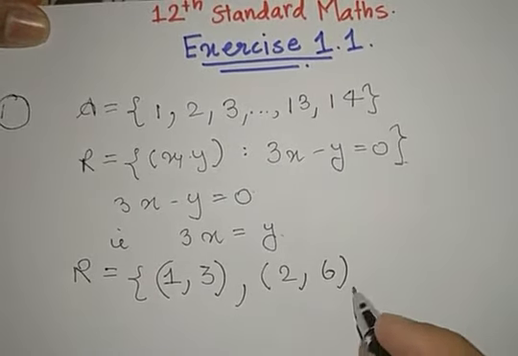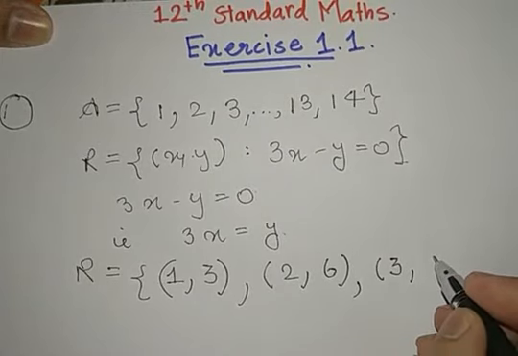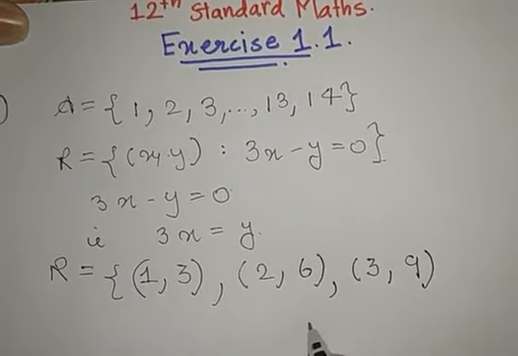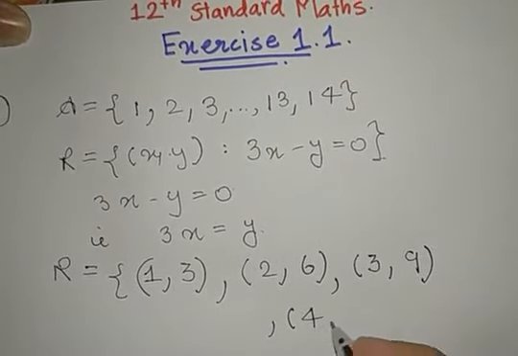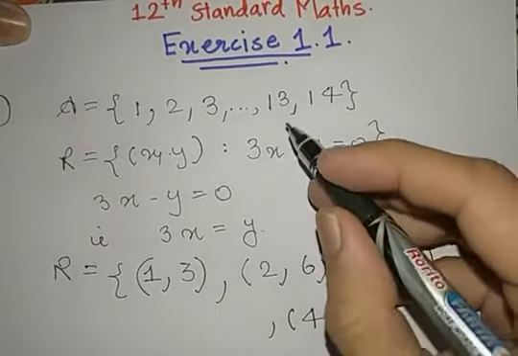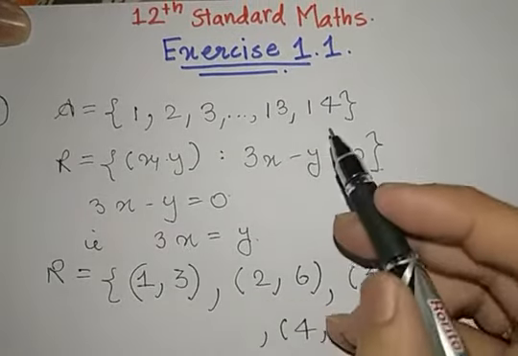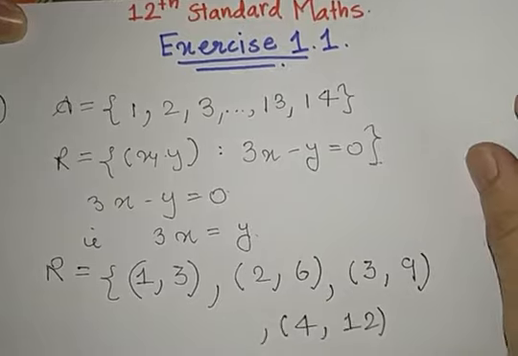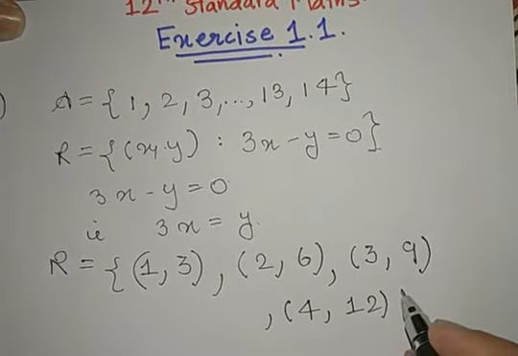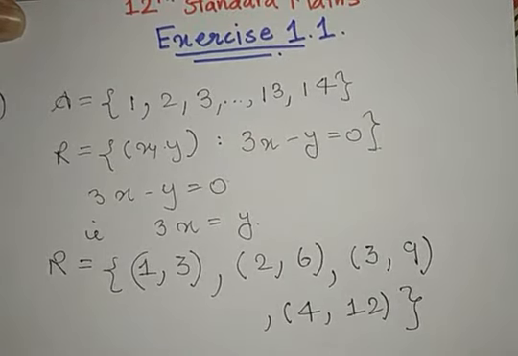Like that, if you take 3, you will get 9. If you take 4, you will get 12. And if you take 5, you will get 15, right? 15 is not there in the set A, so (5, 15) won't be there. So only these elements will be in the set R.